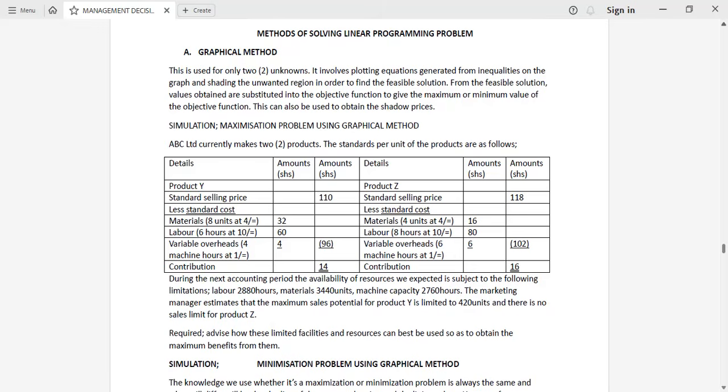So when we plot those on the graph, we will be able to find the feasible solution. So this feasible solution, or the feasible area, is the area where we pick the values that satisfy the objective function. So it is on that feasible solution where we find the shadow prices.